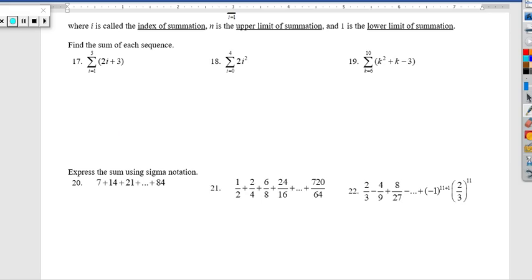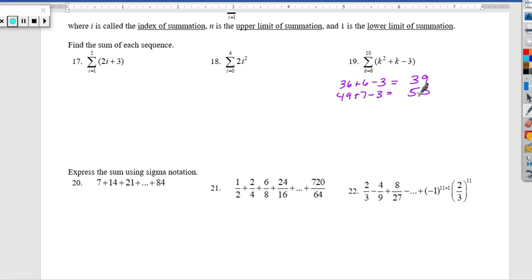You do not have to start with 1 or 0. We could certainly start with 6 and end with 10. What we're going to get here is 36 plus 6 minus 3. That's a total of 39. If we let k equal 7, we get 49 plus 7 minus 3. That is a total of 53.